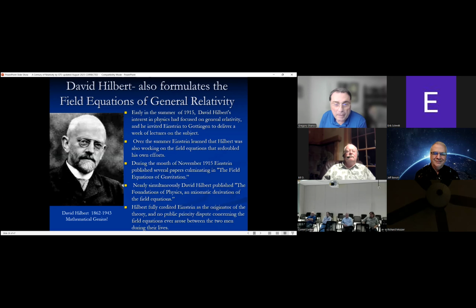But Hilbert fully credited Einstein because he never came up with the concept of curved space-time and all that; he just basically did the math. Like Einstein said, imagination is more important than knowledge. Einstein had the imagination, curvature, space, time, and all that, and then Hilbert just did the math.